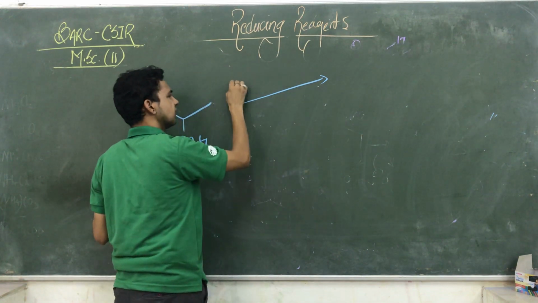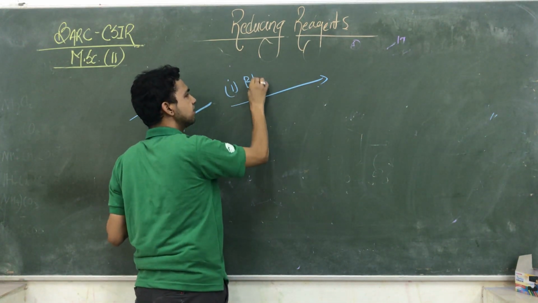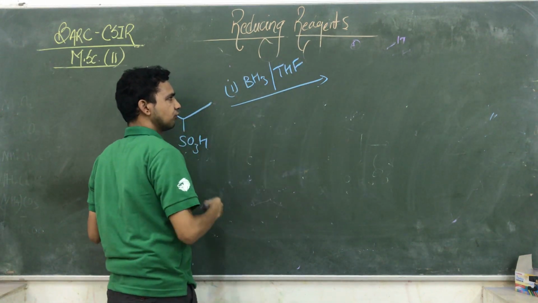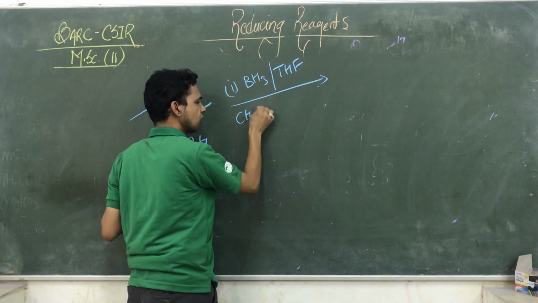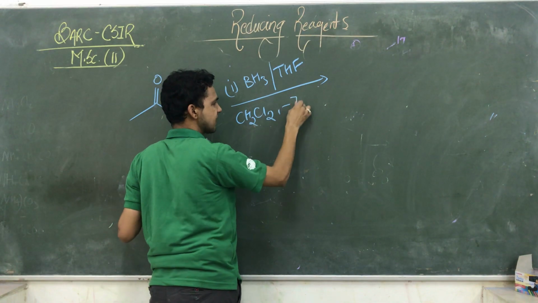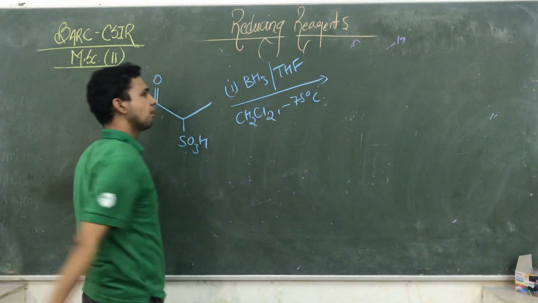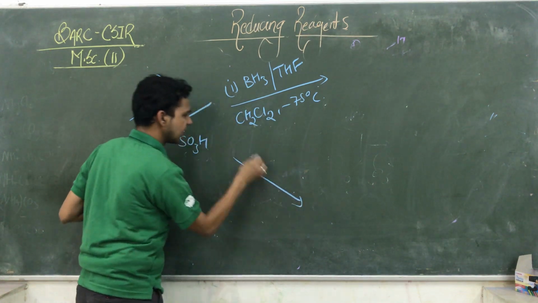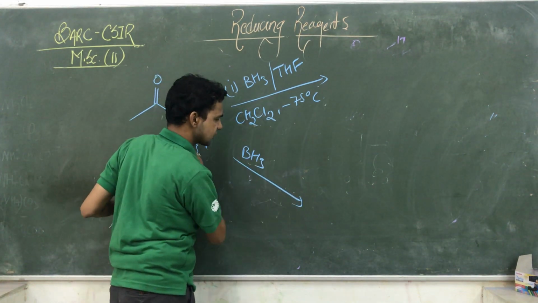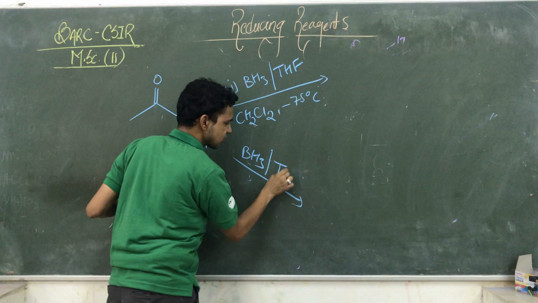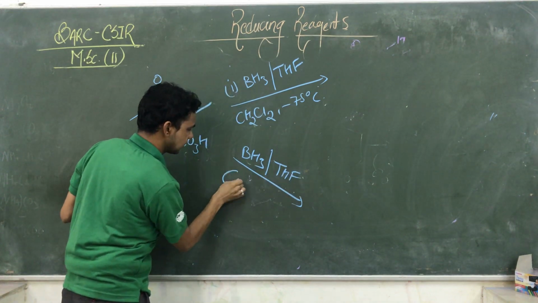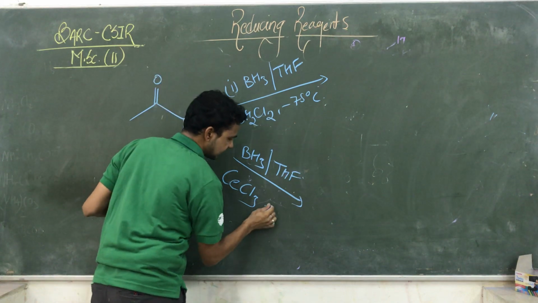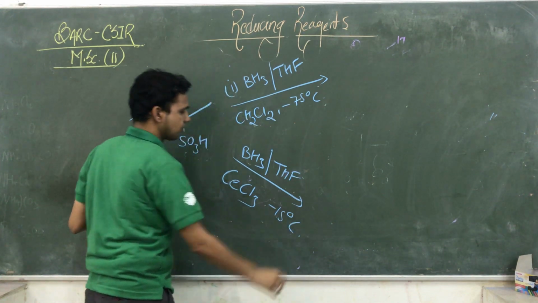In the first kind of reaction, we are adding BH3, and you know it's always present in tetrahydrofuran. Here the main solvent we are adding is CH2Cl2 at 75 degrees Celsius. Instead of CH2Cl2, here we are using the same BH3 in the presence of THF, but here we are using CeCl3, cerium chloride, at 15 degrees Celsius.